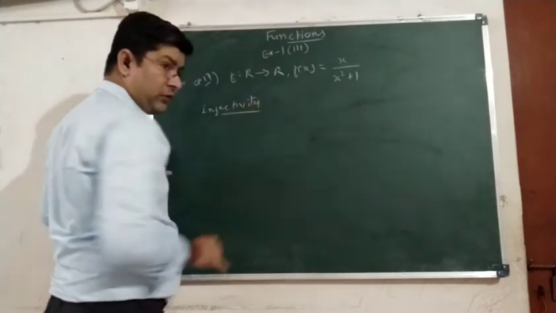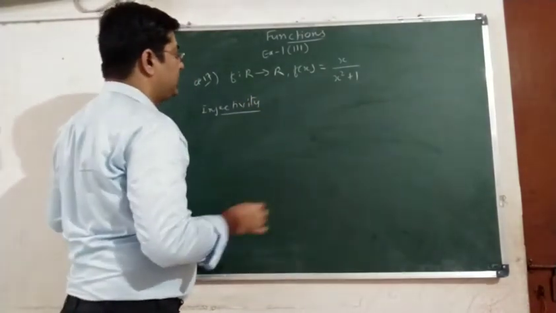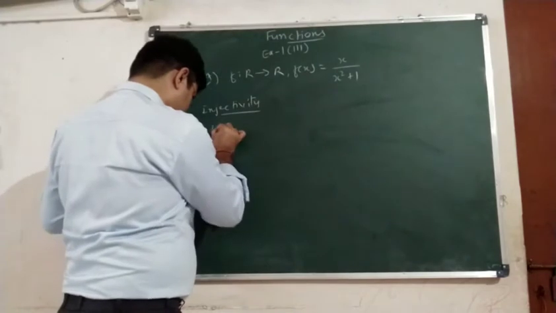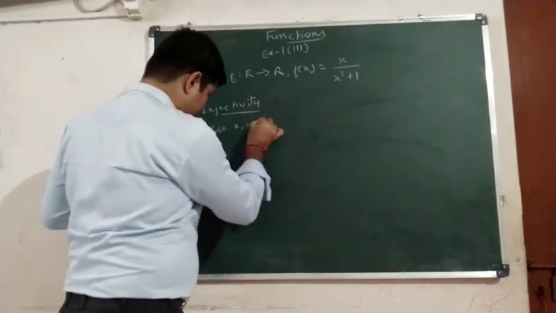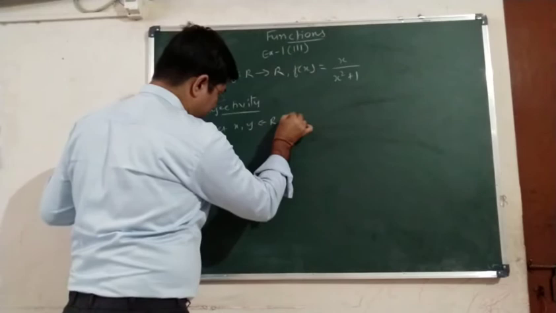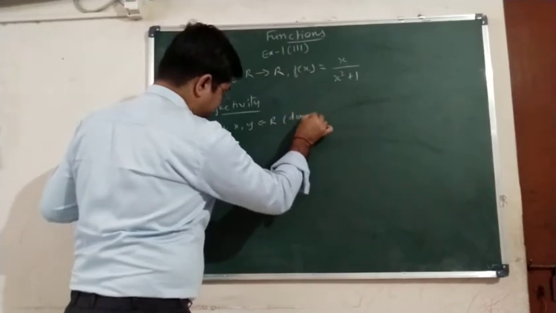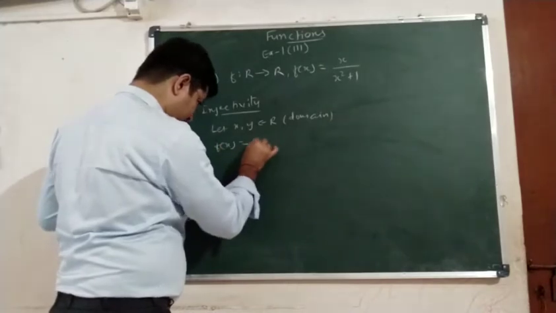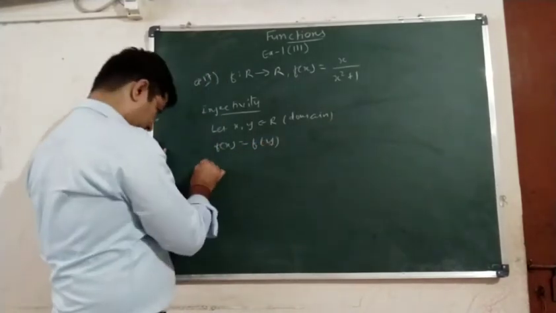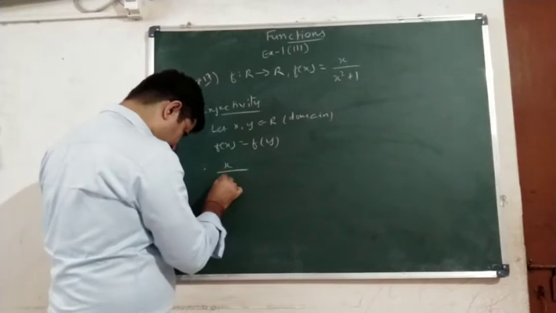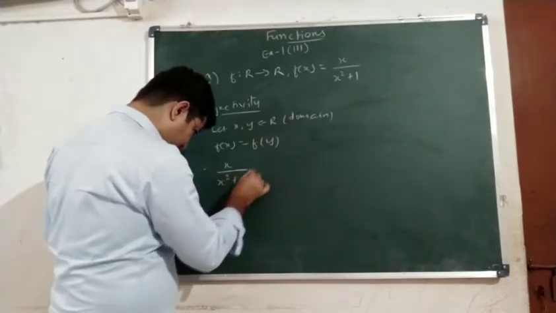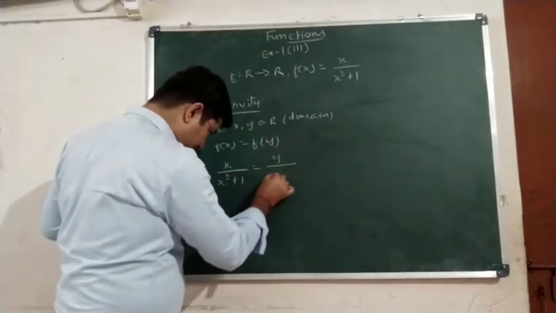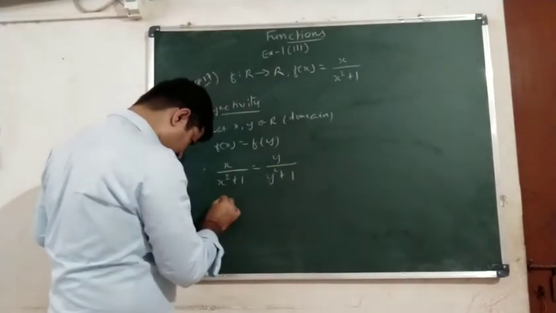For checking injectivity we will take two elements in the domain. Let x and y belong to R, that is the domain, such that f of x is equal to f of y. Therefore, putting the formula, x upon x square plus 1 is equal to y upon y square plus 1.